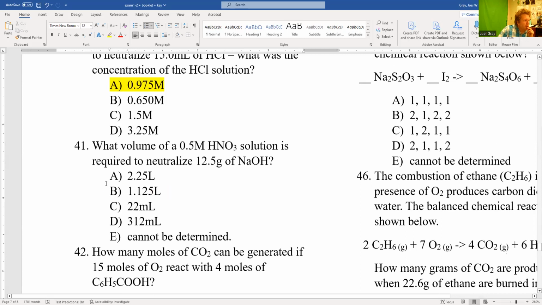Okay, next up is what volume of 0.5 molar HNO3 solution is required to neutralize 12.5 grams of sodium hydroxide? This question is similar to the previous question. The difference is that we've got a balanced chemical reaction, which is HNO3 plus NaOH.